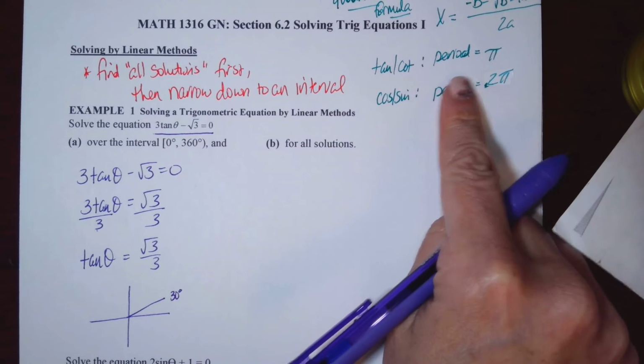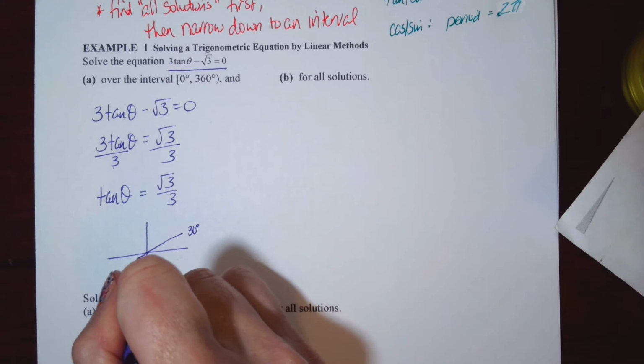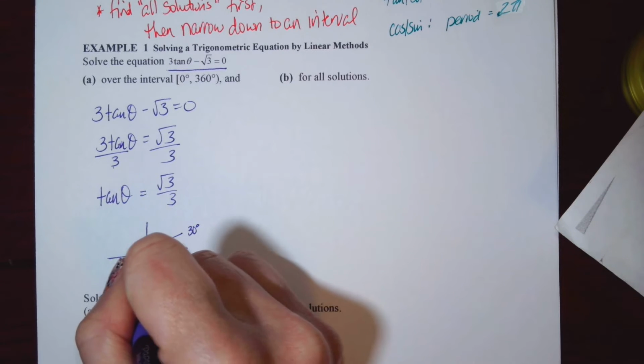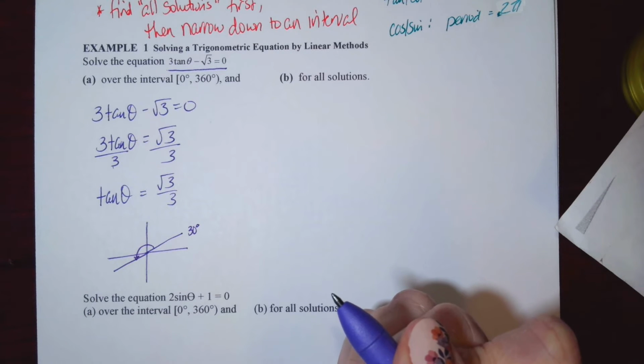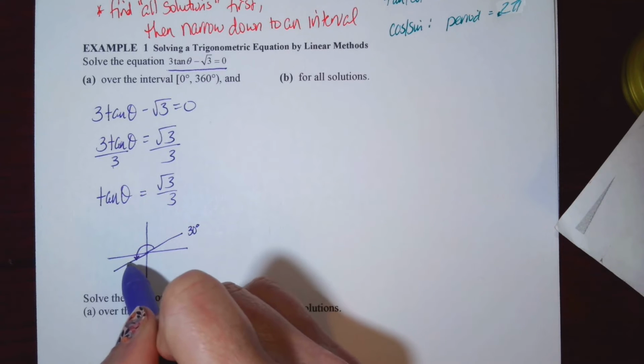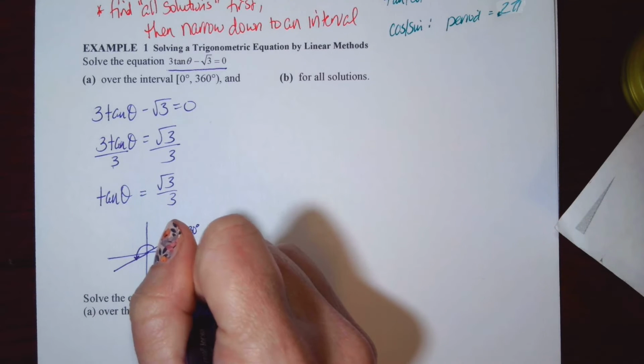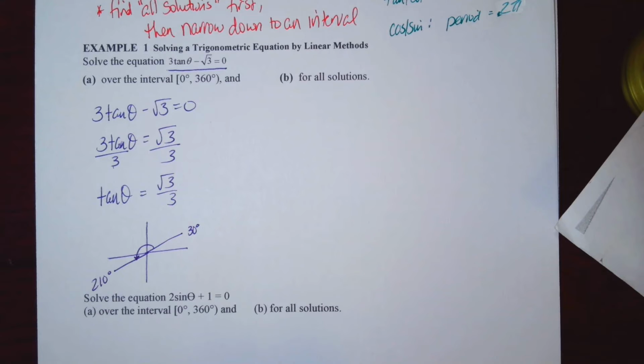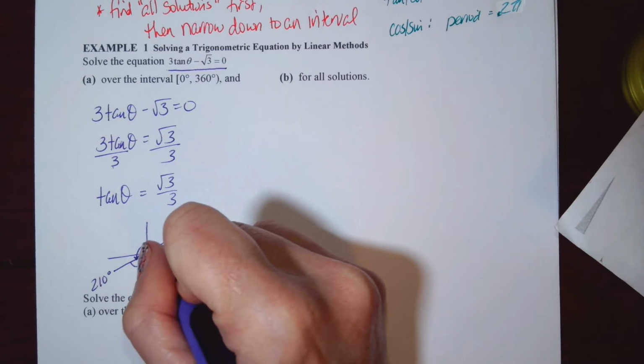And we reminded ourselves that tangent is periodic over pi. So opposite that, 180 degrees further around, I have another angle that also has a tangent function value of square root 3 over 3. And I can just keep rotating around.